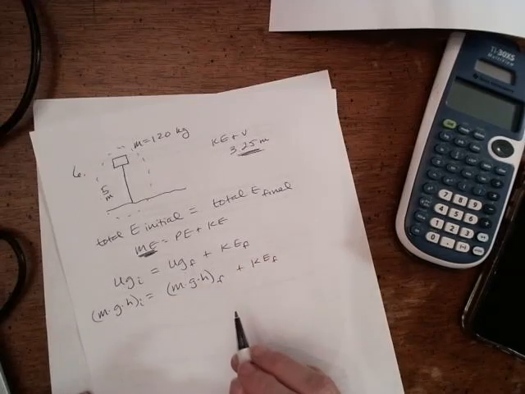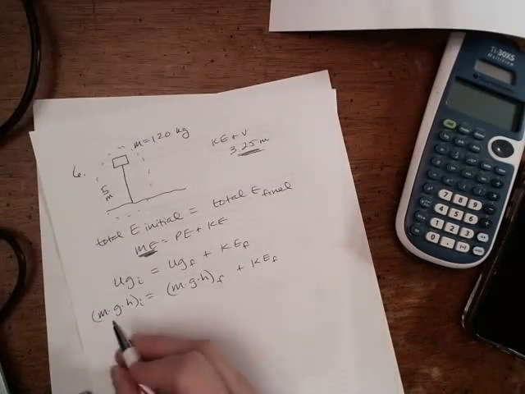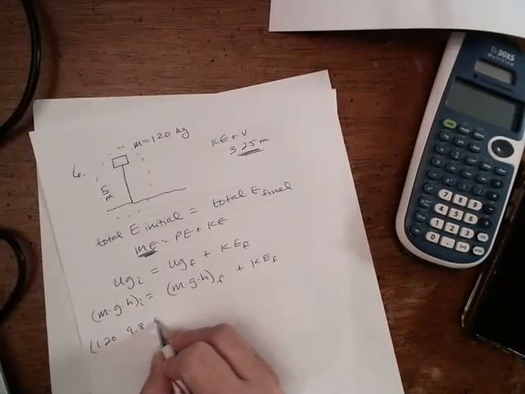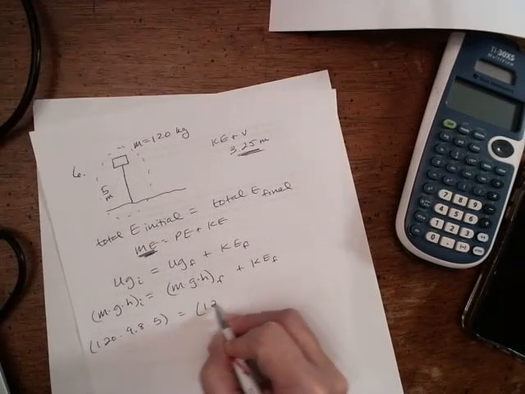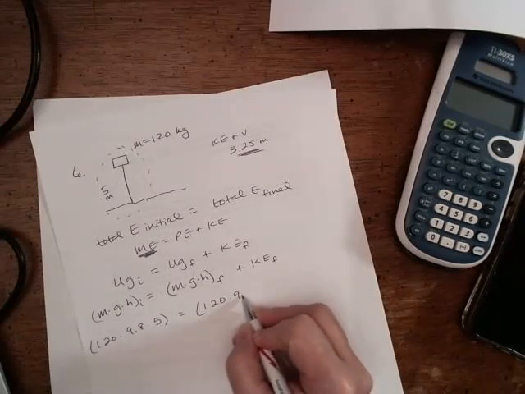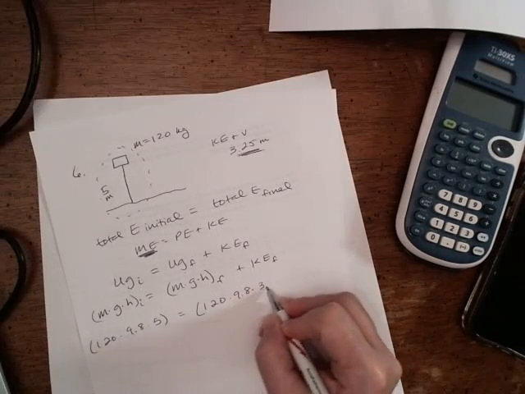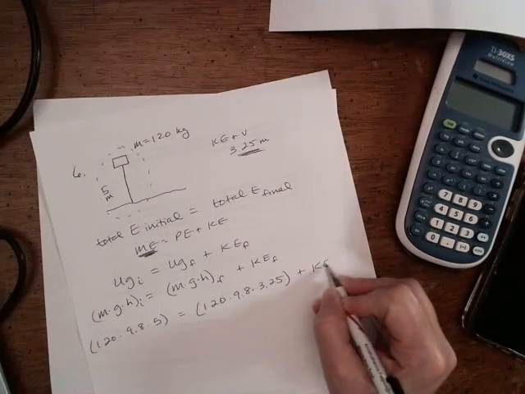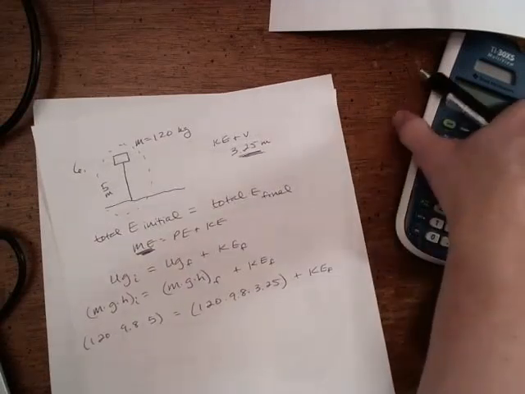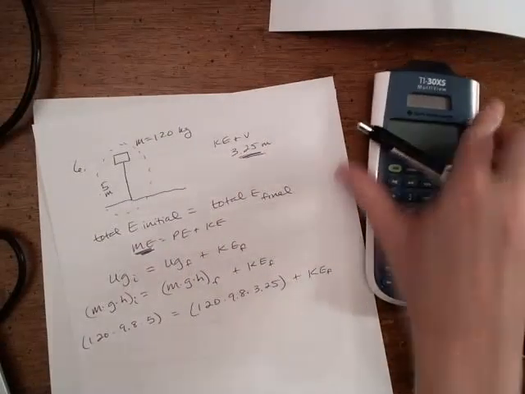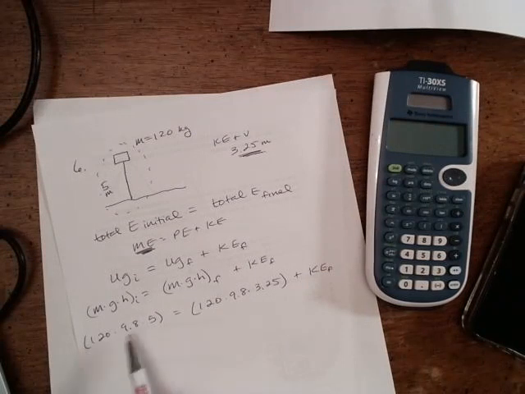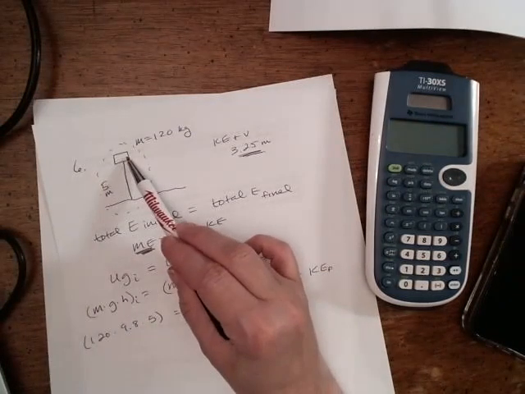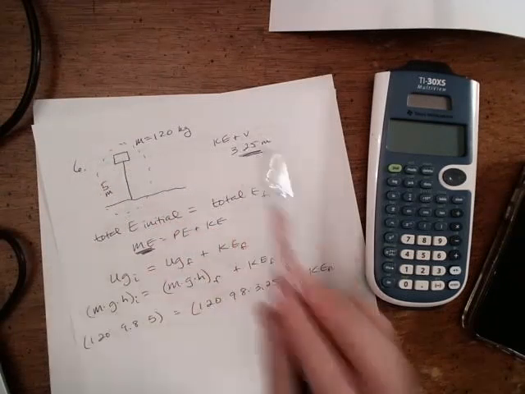So we'll have 120 times 9.8 times 5 equals 120 times 9.8 times 3.25 plus kinetic energy. And this is just my mass, g, we already know g, and then my two heights, my initial height and then my height that I'm interested in.